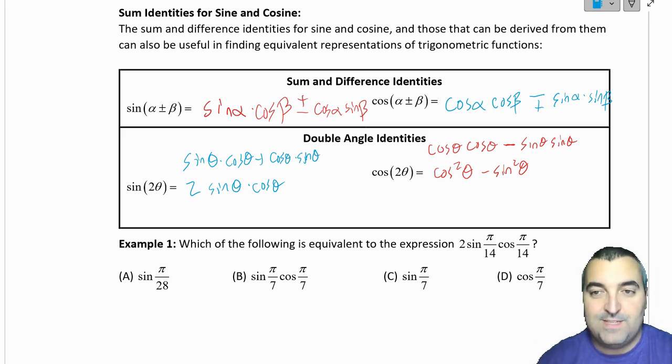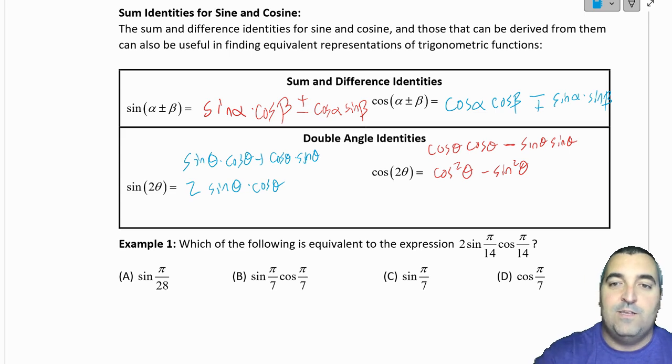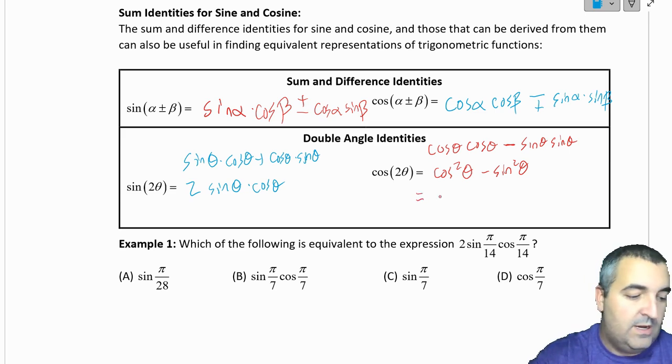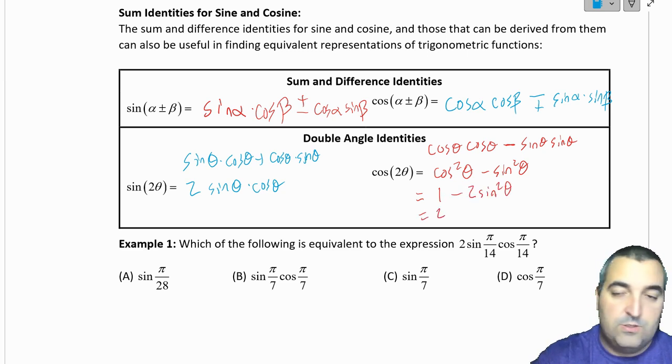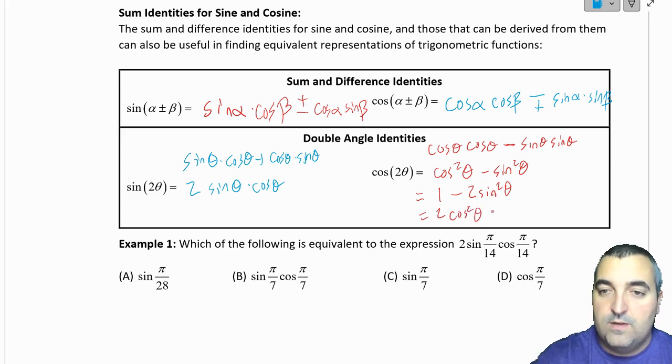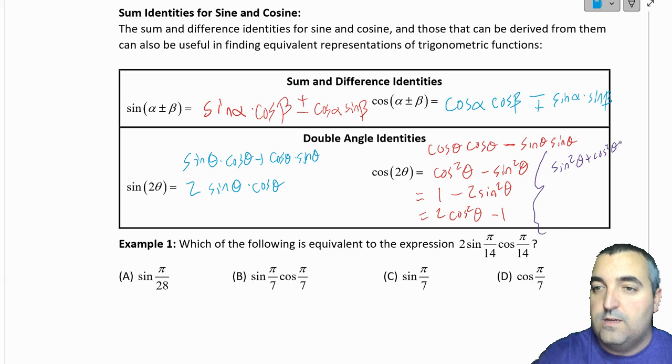But if you throw in the Pythagorean identities, you can derive two more forms: it's actually 1 minus 2 sine squared theta, or you can also say it's 2 cosine squared theta minus 1. I'll point this out. This is when you are using sine squared theta plus cosine squared theta equals 1.